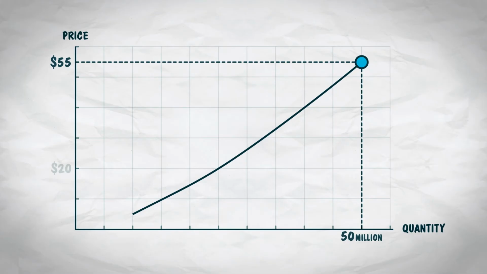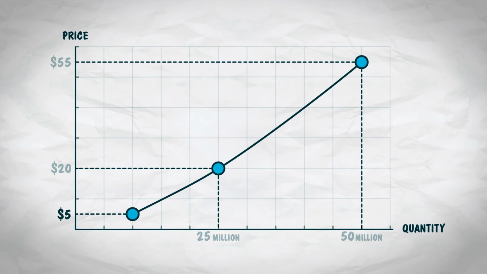At a price of $20 per barrel, suppliers are willing and able to supply 25 million barrels of oil. And at a price of $5 per barrel, suppliers are willing and able to supply 10 million barrels of oil.